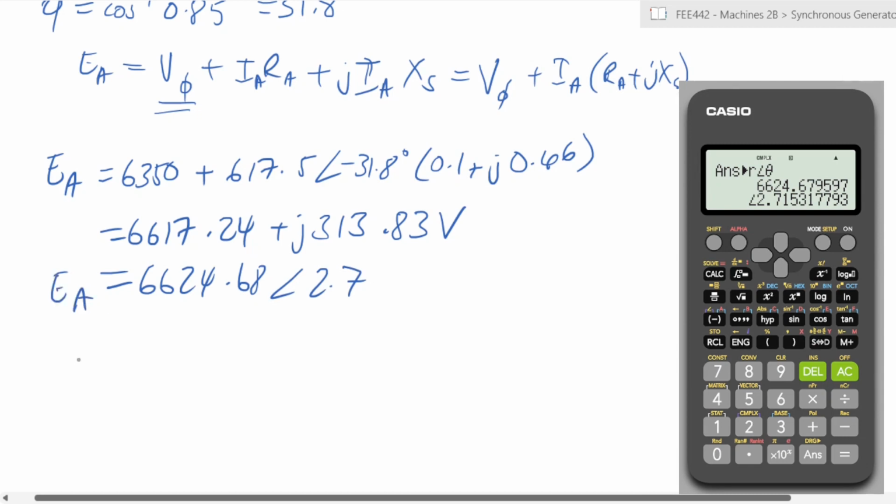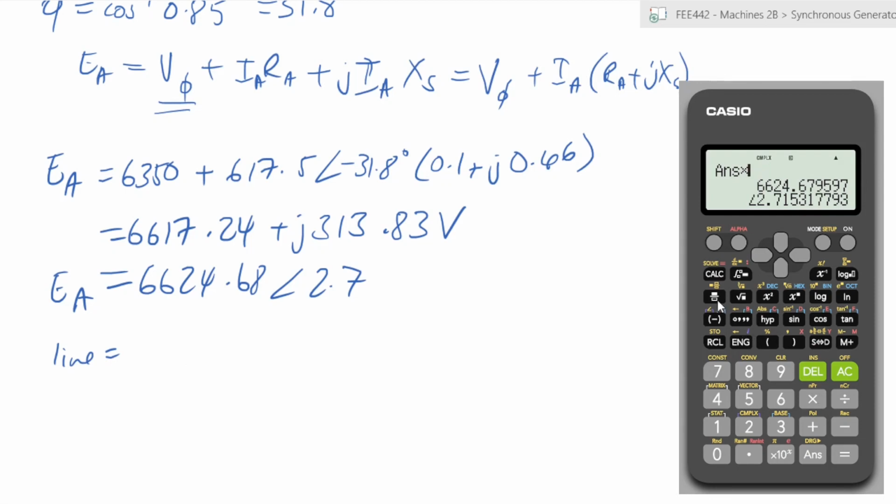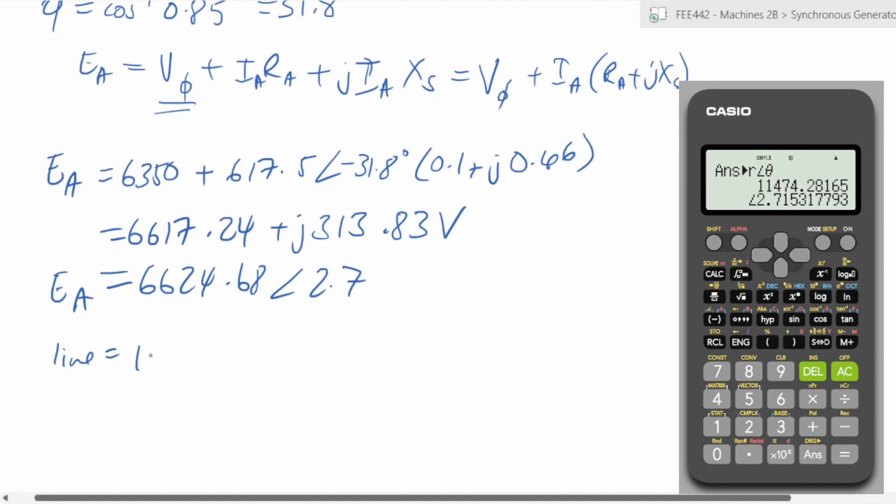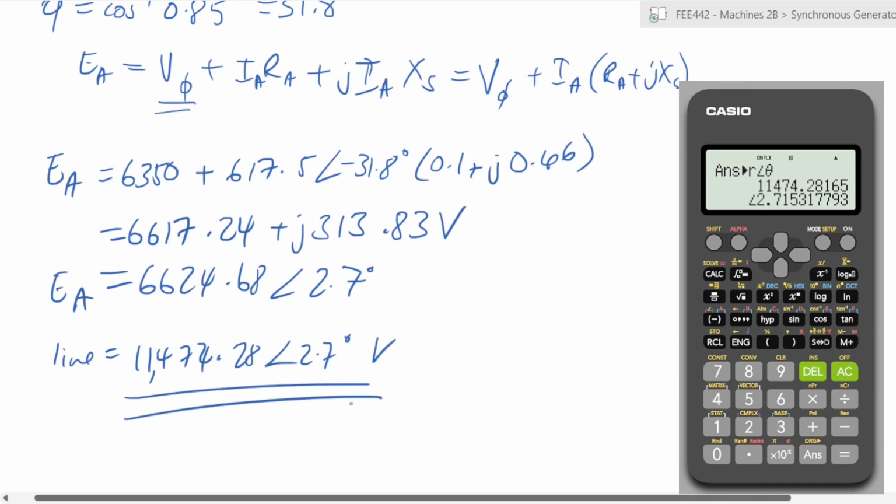That's your EA. And the line value will be that times √3, which is 11,474.28 at 2.7 degrees. And we can stop there. We will see you in the next lecture.